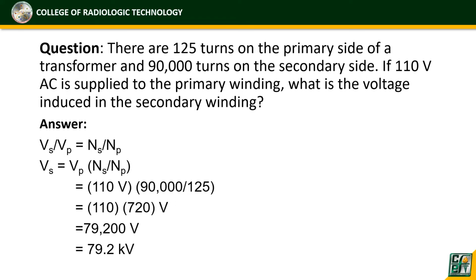So substitution, 110 volts times 90,000 divided by 125. 110 volts times 720, and the answer is 79,200 volts. Now in this, we will convert it into kilovoltage. So 79,200 divided by 1,000 is 79.2 kilovolts.